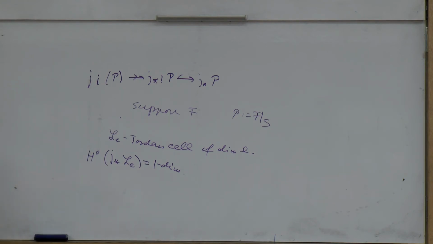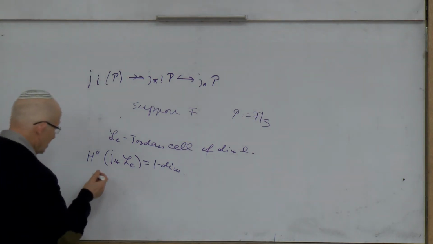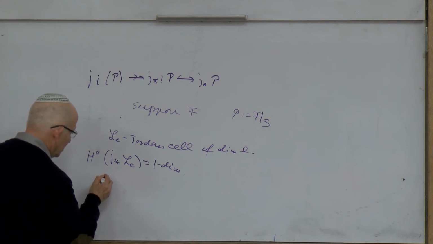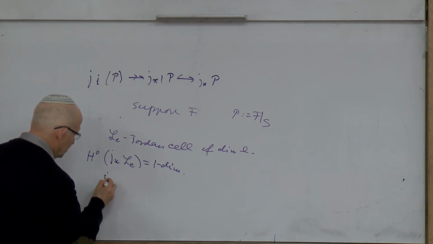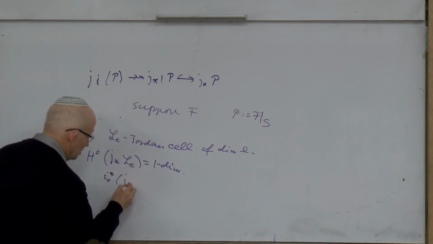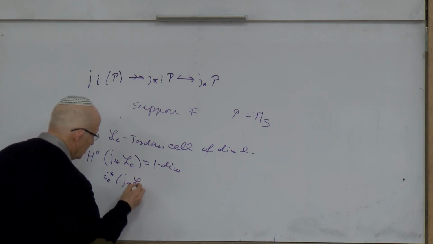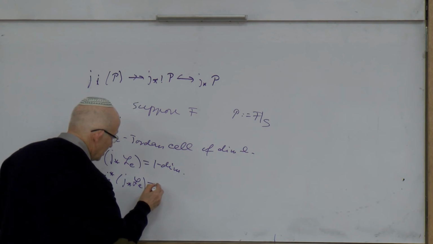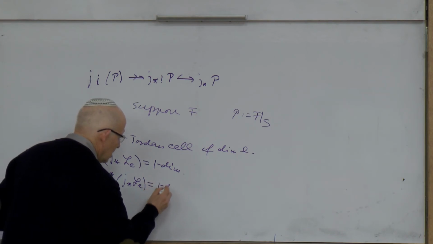So this means that the fiber i0 star of this J star of L_l will be one-dimensional.